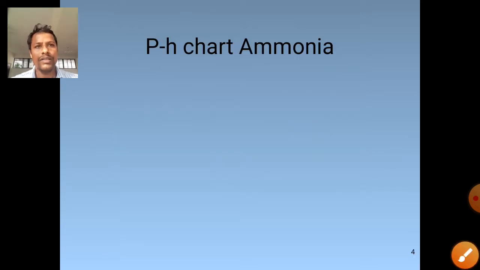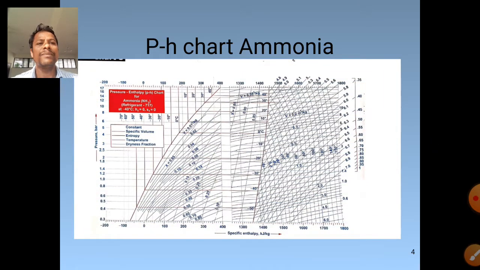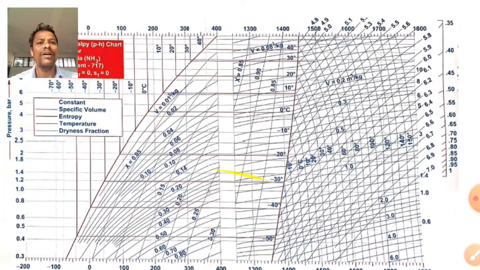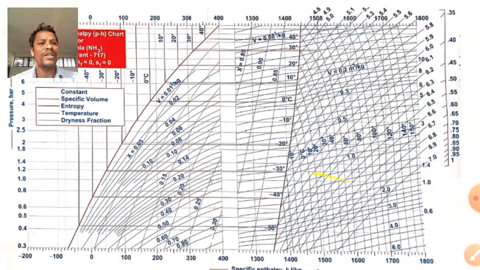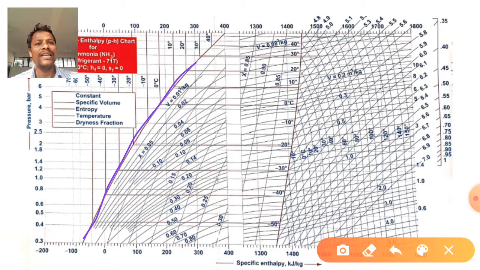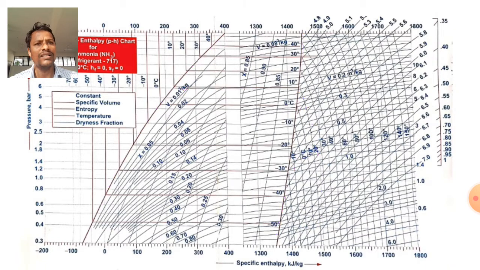Now the pH chart for ammonia, let us see. This is the typical pH chart available for our use from the refrigerant charts. Here we can identify the saturated liquid line and the saturated vapor line. We have constant temperature lines, just observe here.